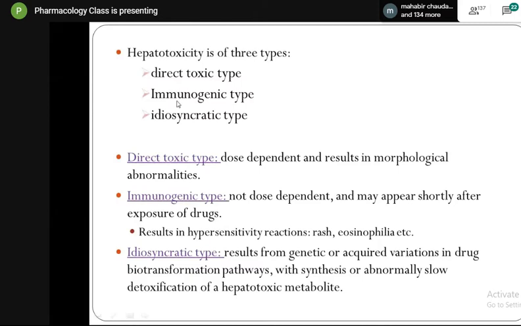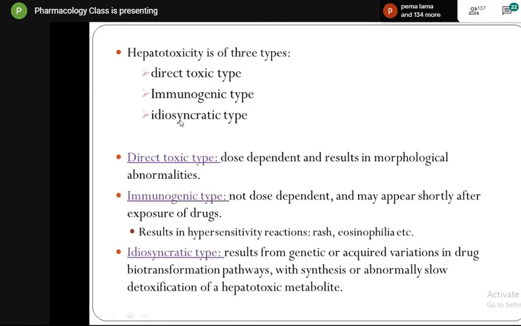Immunogenic means relating to the immunity of an individual, where drugs, because they are foreign particles, can act as an immunogen, or let's say an antigen, and can react and form reactions, and therefore lead to an immunogenic type of reaction.